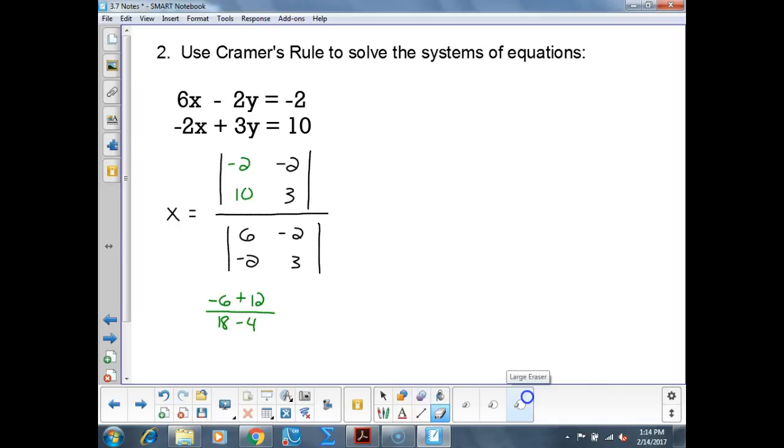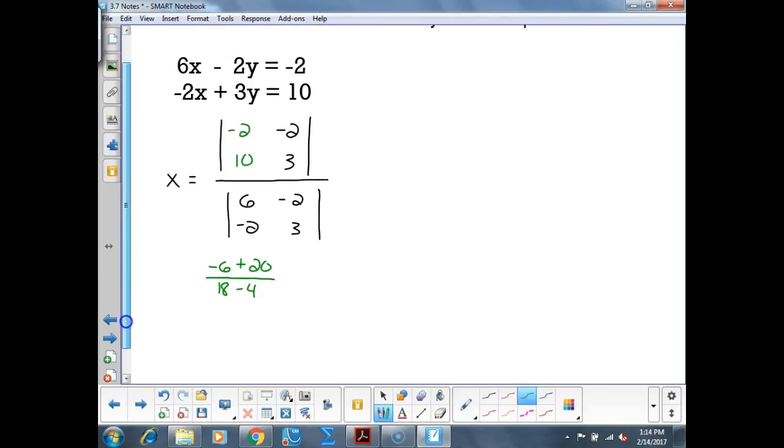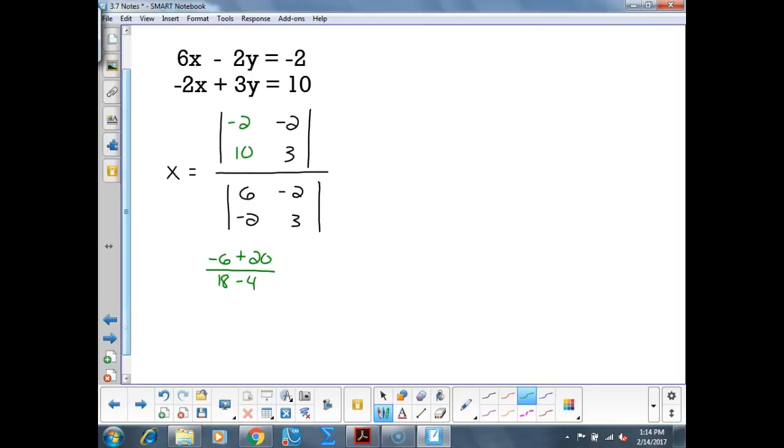That should be minus or plus 20. Like something didn't seem right there. That one should be plus a 20. There. Okay. So then that becomes -14. Oh, no, that's positive 14 over positive 14. So x is 1.